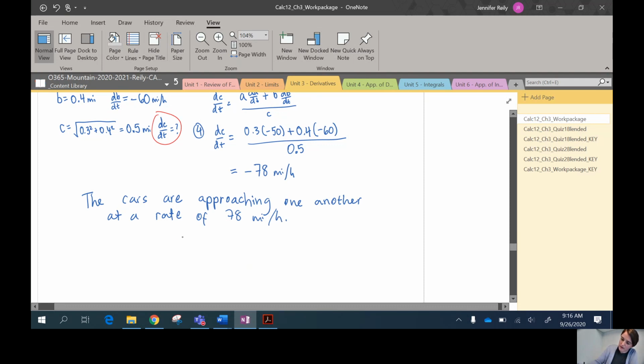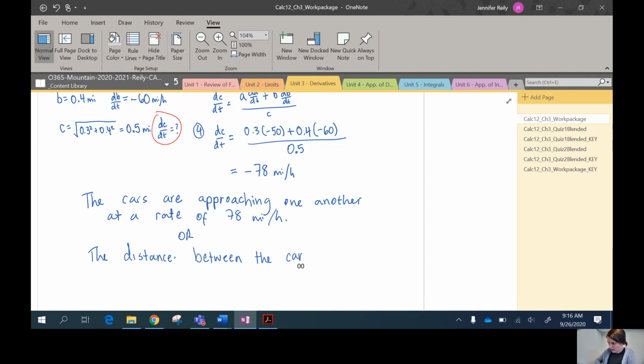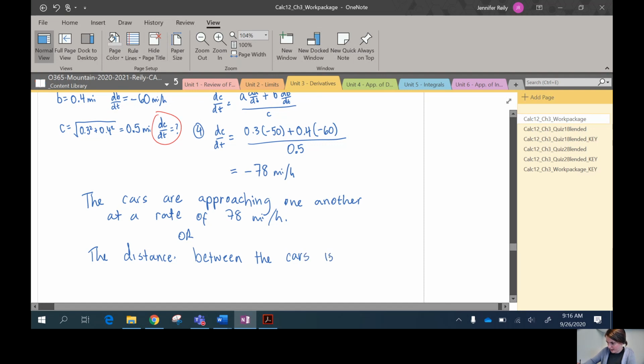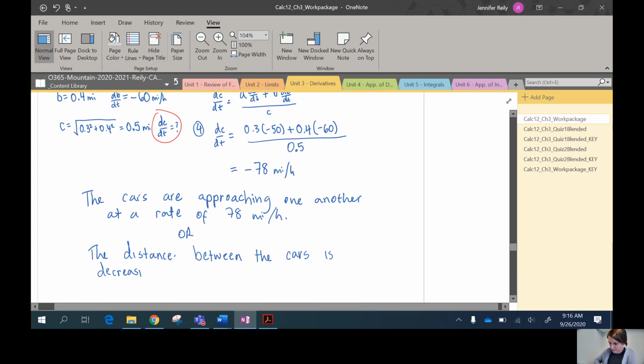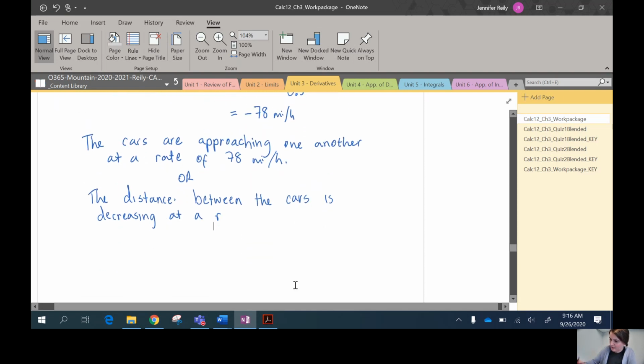You could also say, another way to say this, the distance between the cars is decreasing at a rate of 78 miles per hour.